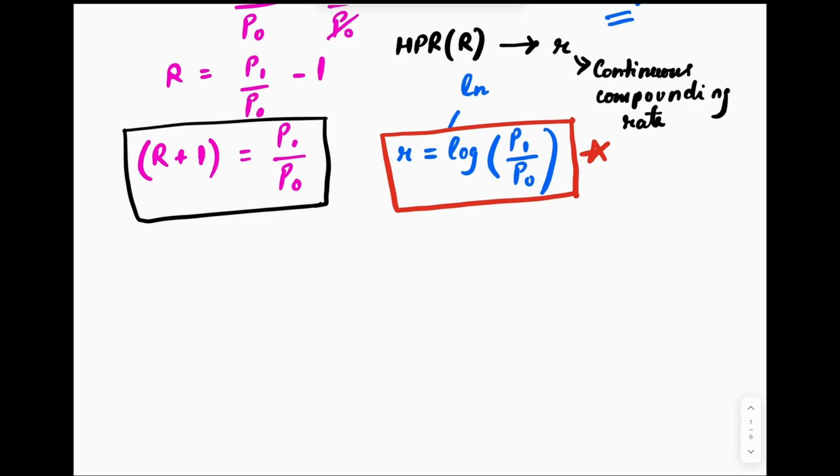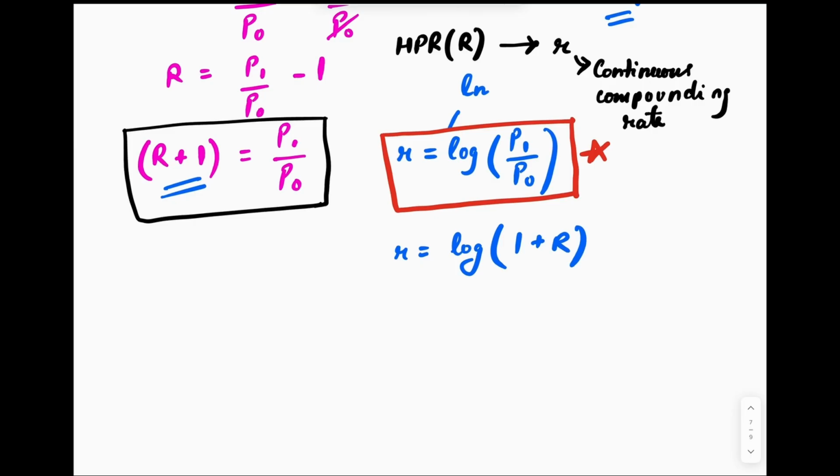We already know that P1 divided by P0 you can write as 1 plus R. So in the log, instead of P1 divided by P0, I can just write 1 plus R, right? I hope this is pretty clear.